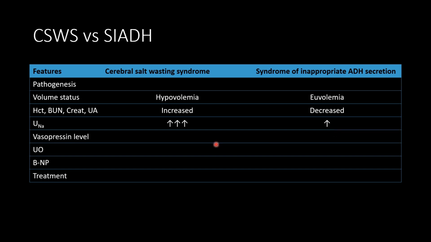Vasopressin level will be more in syndrome of inappropriate ADH secretion, while it will decrease in cerebral salt wasting as a part of compensatory response. The urinary output will be less in SIADH, or it may be normal because of excessive ADH secretion, but it will be high in cerebral salt wasting due to salt wasting with equiosmolar amount of water excretion. B-type natriuretic peptide of course will be increased in cerebral salt wasting, it will be normal in SIADH.